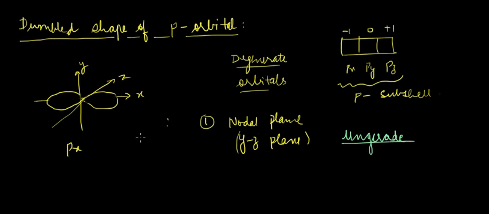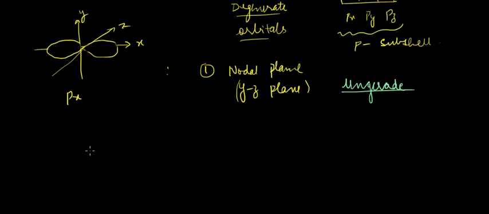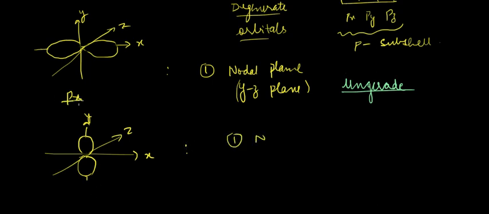Now let's see the case of py. So in case of py, we would have dumbbell shape across y-axis. So this is again one nodal plane. So this is py, and what is the nodal plane?